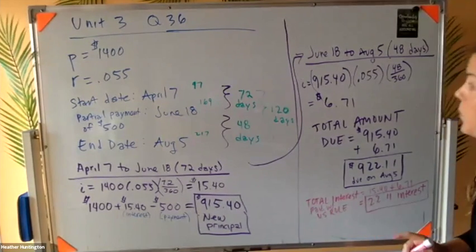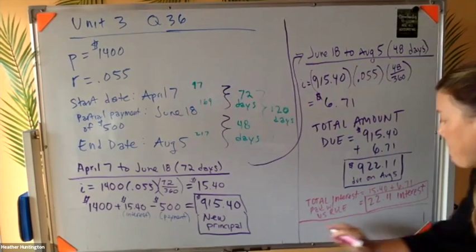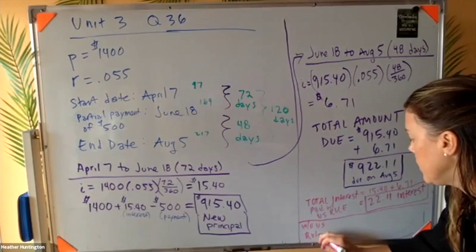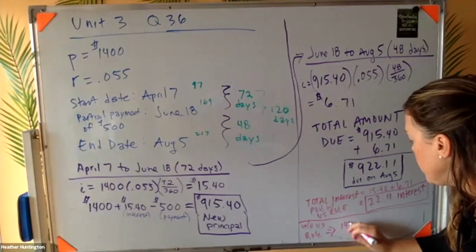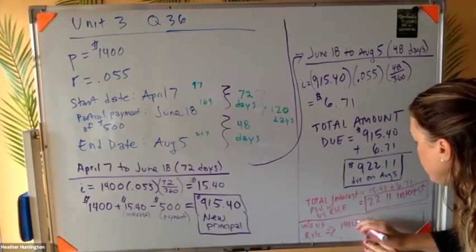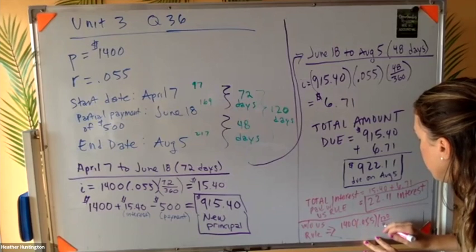What was the total interest paid if we didn't use the US rule? So it's going to be 1,400 times 0.055. And then 120 over 360.